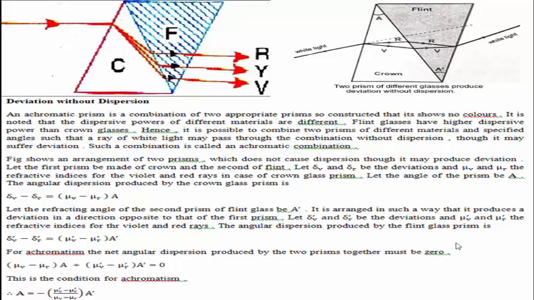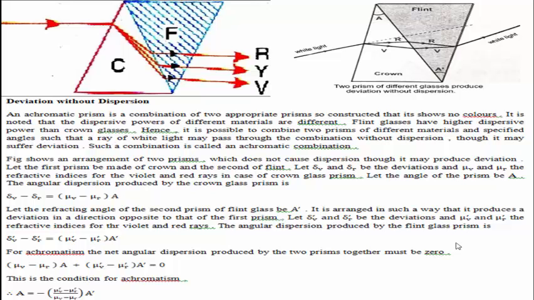Let the refracting angle of the second prism of flint glass be A dash. It is arranged in such a way that it produces a deviation in a direction opposite to that of the first prism. Let delta dash V and delta dash R be the deviation for the violet color and red color, and nu dash V and nu dash R be the refractive index for violet color and red color.